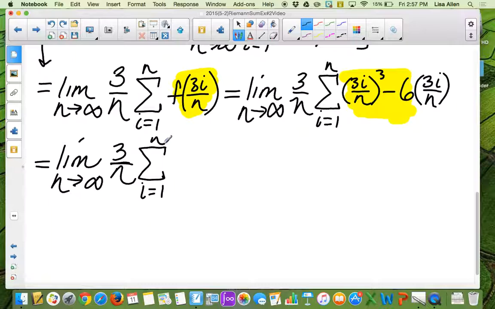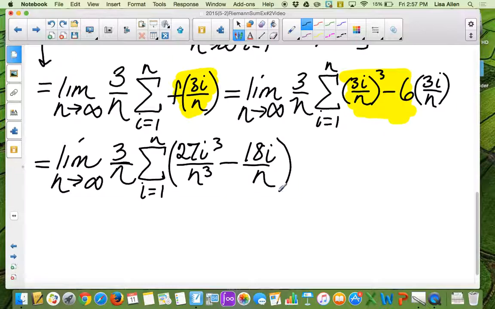And remember, we're taking the limit still. So what do we have here? We are going to cube the first term, and we get 27i cubed over n cubed, minus 18i over n. So we're still taking the summation.